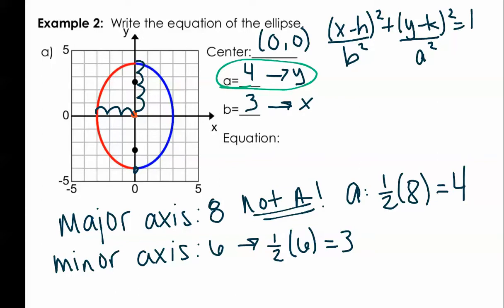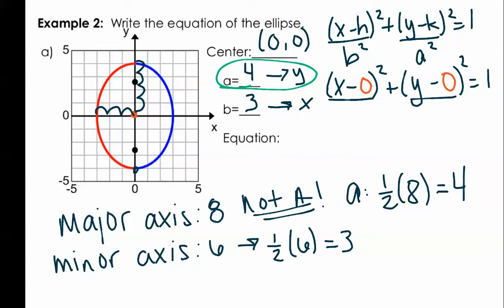We plug in x minus 0 for my center's x-coordinate plus y minus 0 again for my center's y-coordinate. Then we've got our b value, which is 3, and we'll square that. And we've got our a value, which is 4, and we'll want to square that.